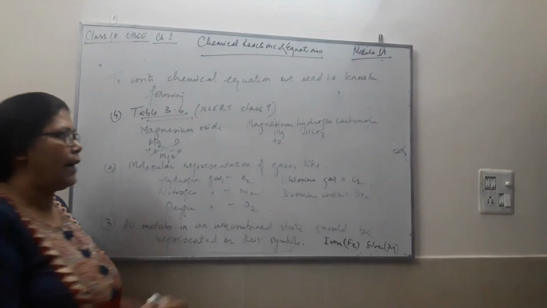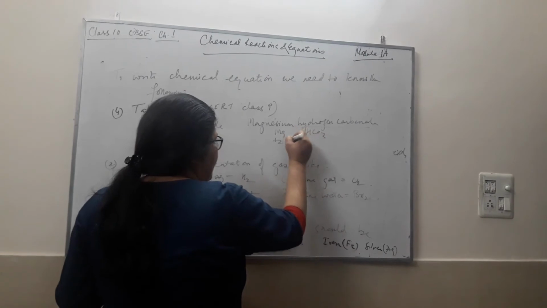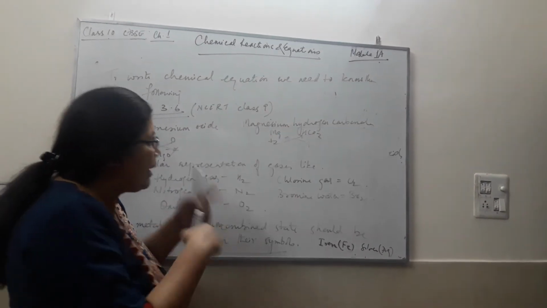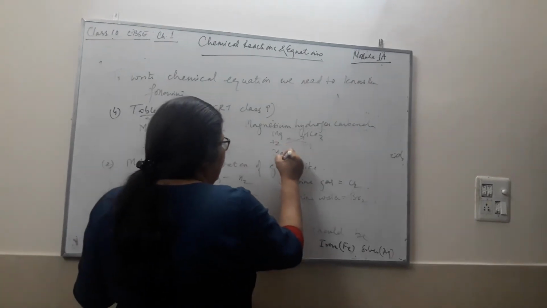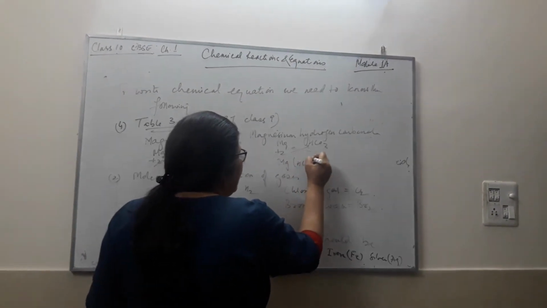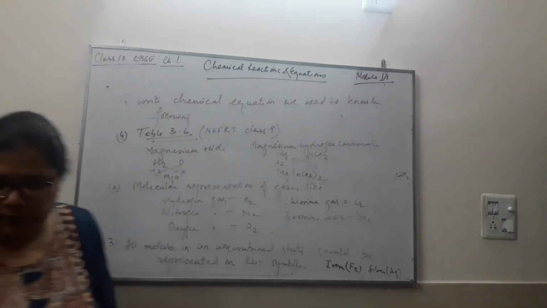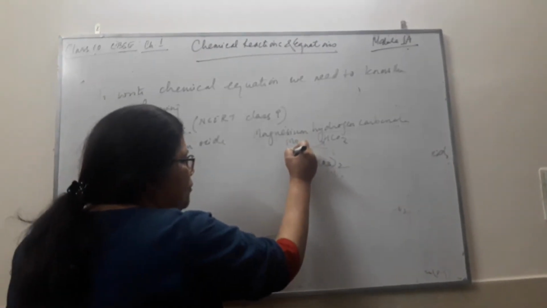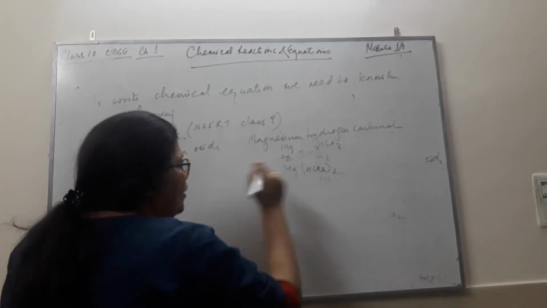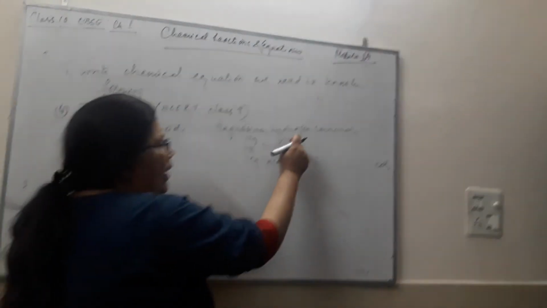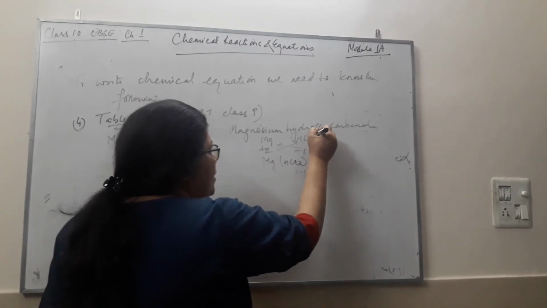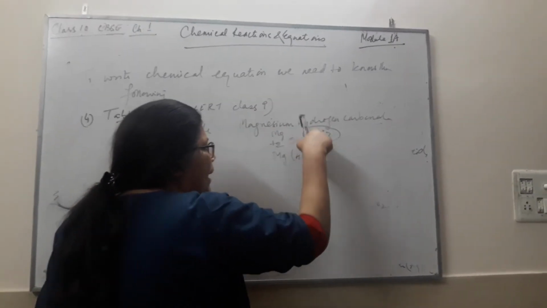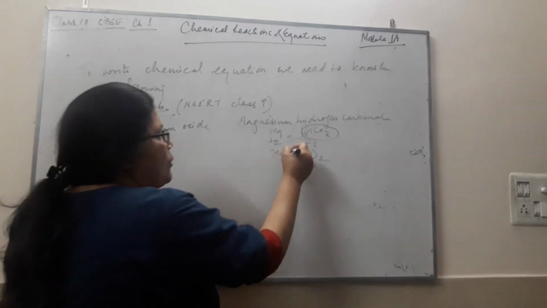Now, you have to remember one thing in this case. Whenever a polyatomic ion is multiplied more than 1, you have to use a bracket. Please listen to this formula again. Magnesium is plus 2, HCO3 is minus 1. This is a polyatomic ion, so if it is multiplied more than 1, we should use a bracket.